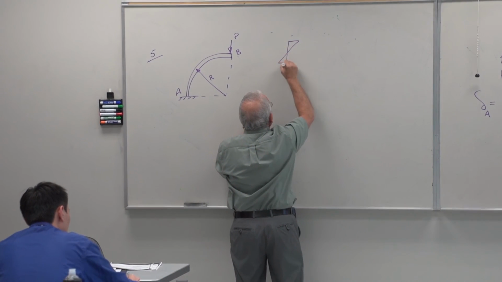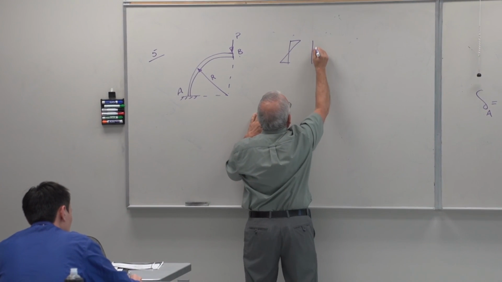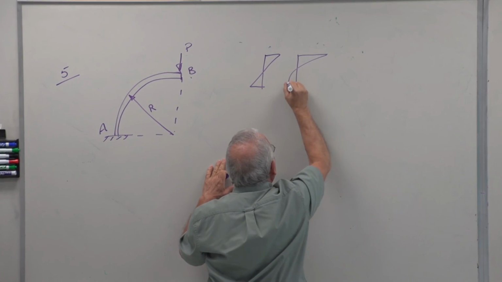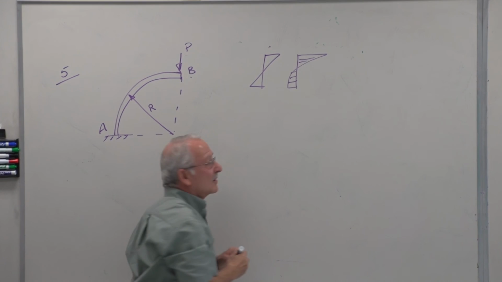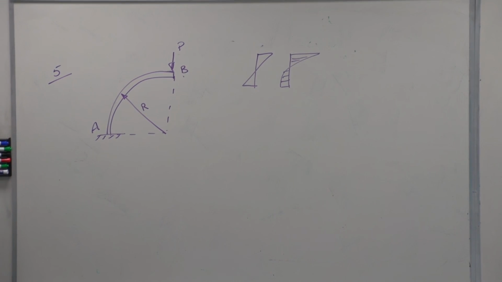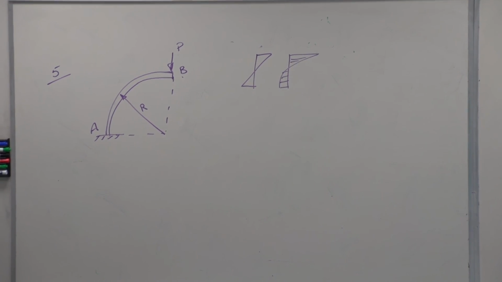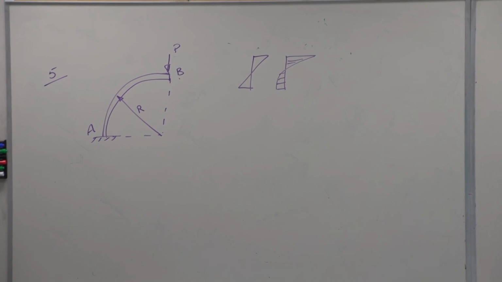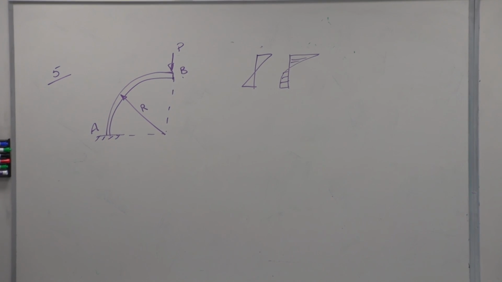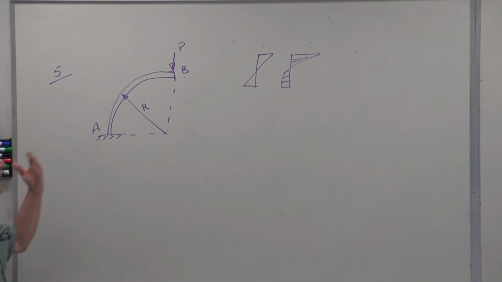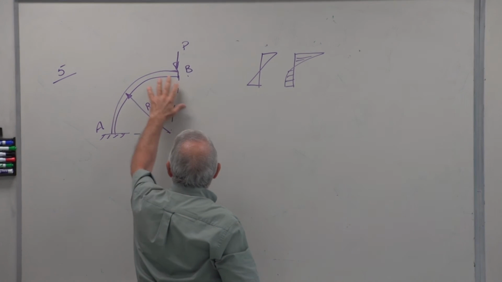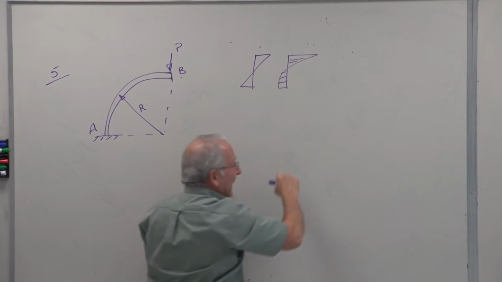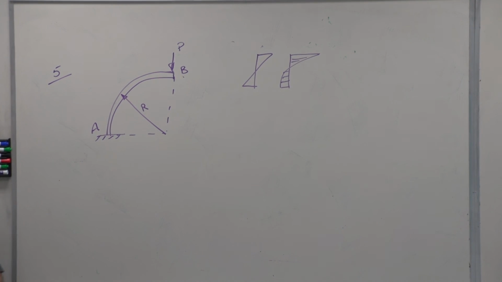It's not like this. It's more like this. That's the stress distribution in curved beams. And on one side, you have a higher stress than the other side. The two stresses on the two sides are not equal. However, the larger this gets, the more this approximates that. So we assume that that's valid in this case.